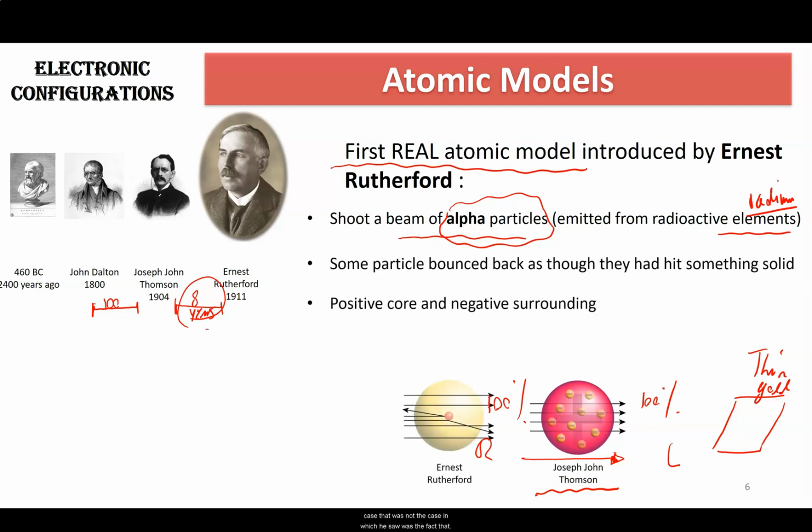What he saw was that 100% was subjected to that thin gold, but a fraction of those alpha particles, let's say 2%, I'm just making up numbers, actually bounced back. And we know that when something bounces back, that is an indication that it has probably hit a solid obstacle.